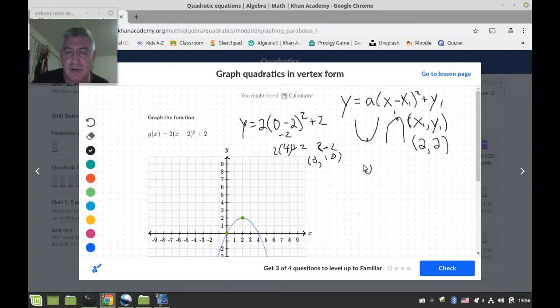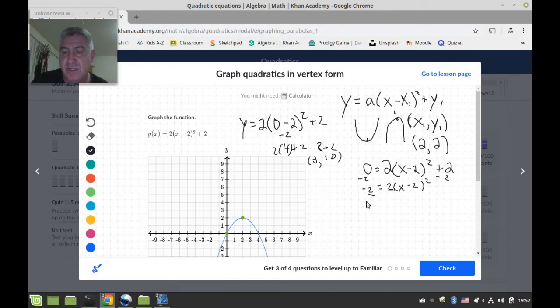So I'm going to set 0 equal to 2 times x minus 2 squared plus 2, so I'm going to subtract 2 from both sides. And I'm going to get negative 2 is equal to 2 times x minus 2 squared.